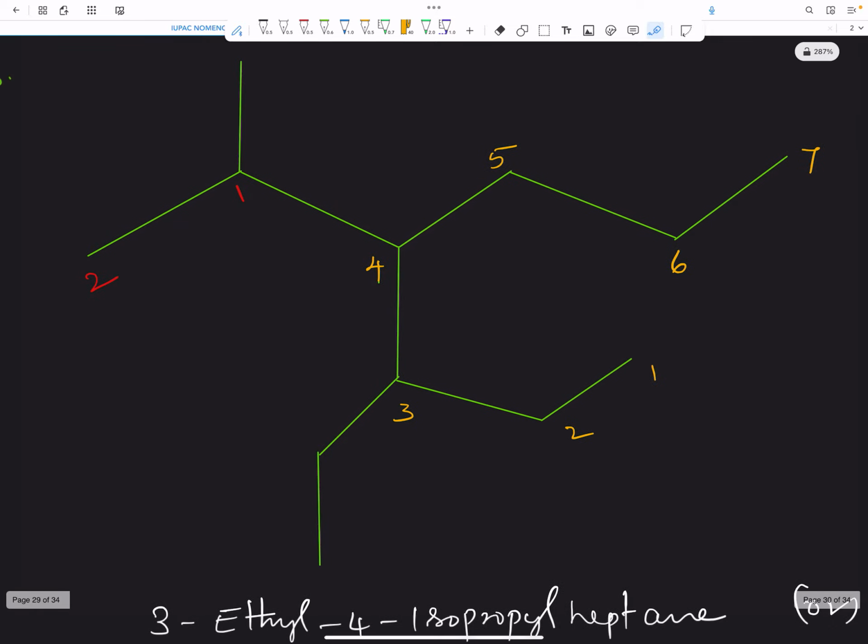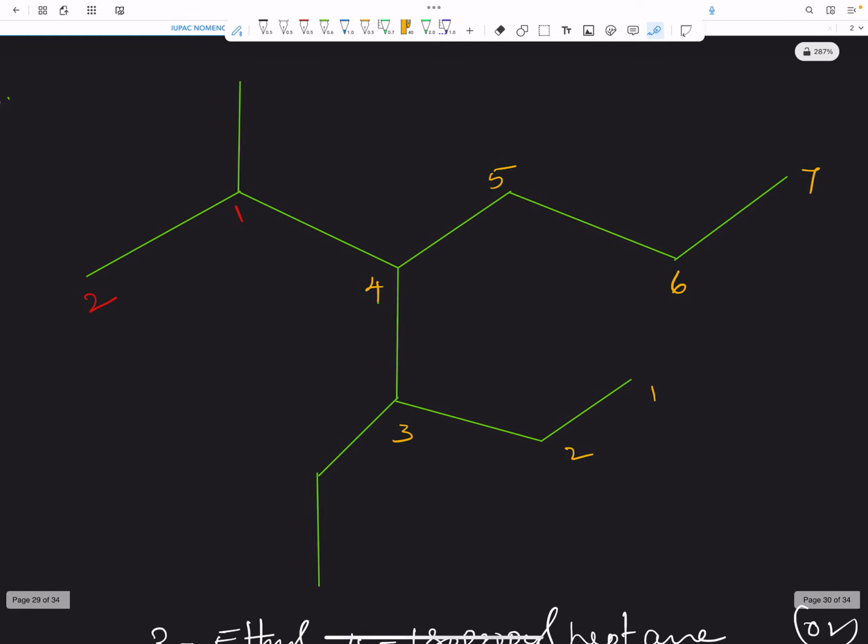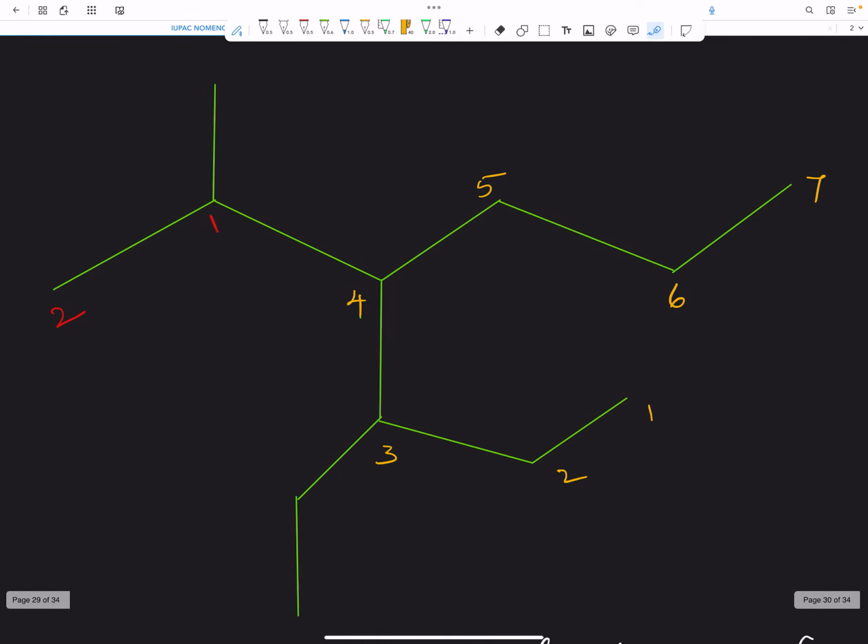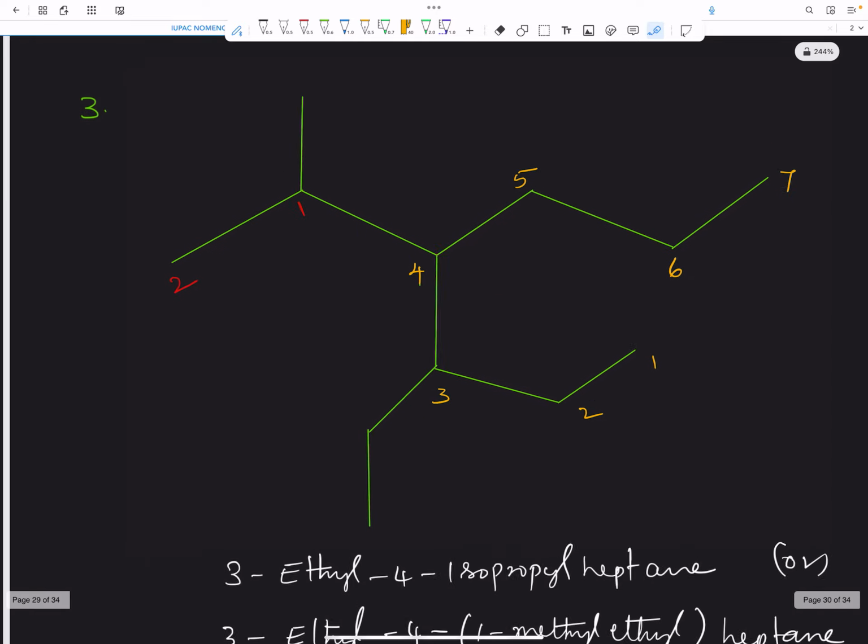Consider this example. Here, there are a total of 7 carbons. This chain has a total of 7 carbons, and this chain is also identical. Both are identical. Now, numbering is done to give the lowest locants.